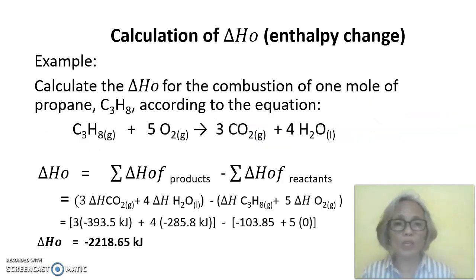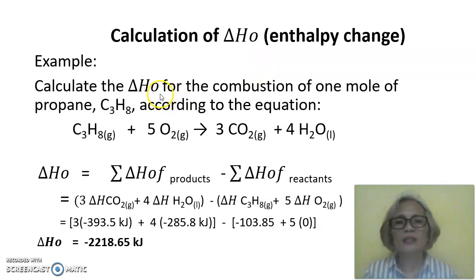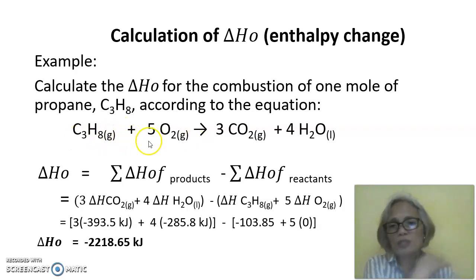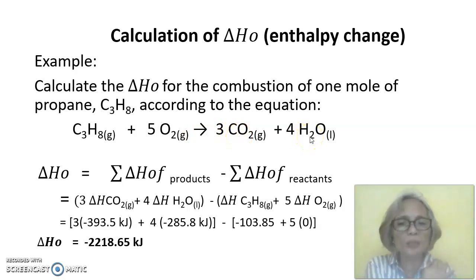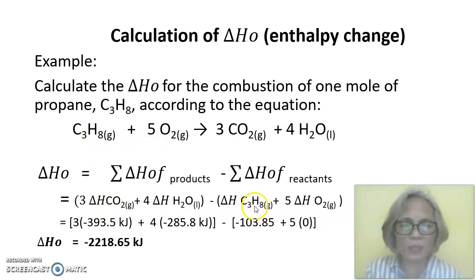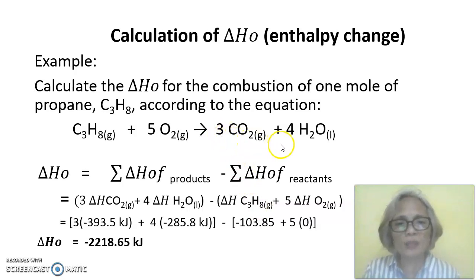For example, calculate delta H or enthalpy change for the combustion of propane. A combustion reaction always needs oxygen. This equation tells us that carbon dioxide and water are the products, and propane and oxygen are the reactants. We also need to affix the number of moles.